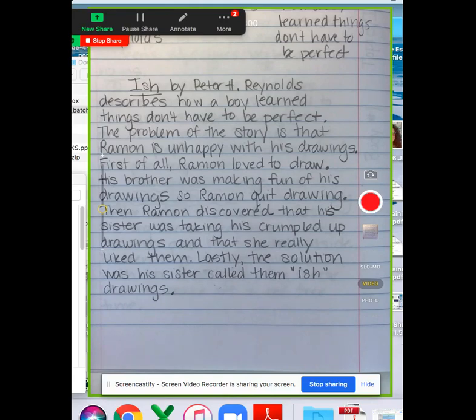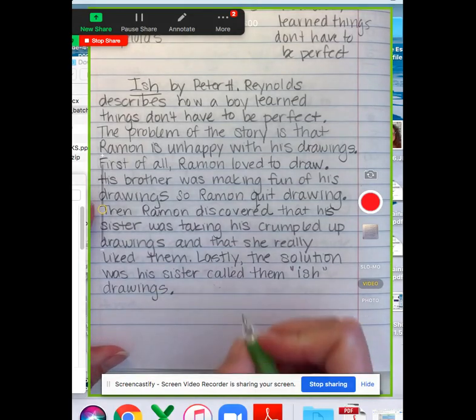Yes. So I'm going to leave out the beginning, Maggie, because we already said that he didn't like his drawings. So now we're going to say maybe something like, in the end, he learned that his drawings didn't have to be perfect. What do you think? That's what I had in my head. Okay.